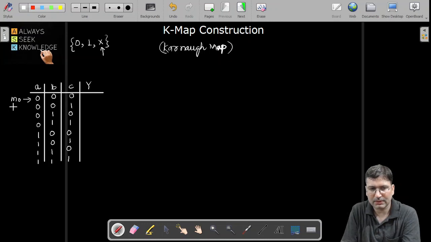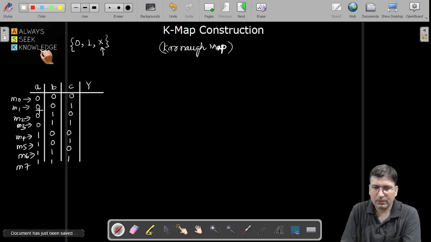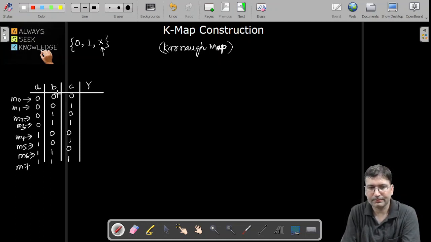So let's say this is M0, this is minterm 1, this is M2, this is M3, this is M4, this is M5, this is M6, and this is M7. Now if you look at the combination in minterm, this 0 is representing A bar, this 0 is representing B bar, and this 0 is representing C bar, right?